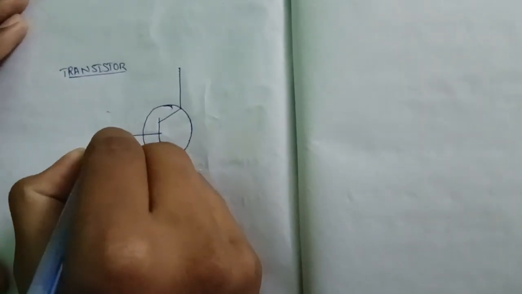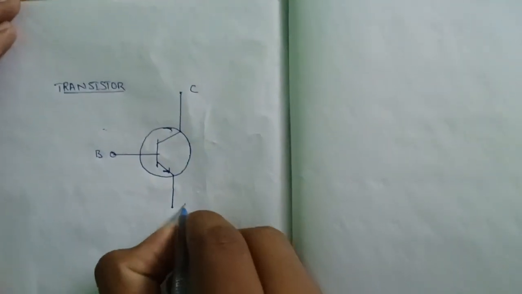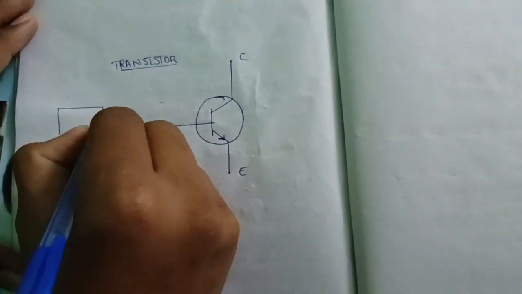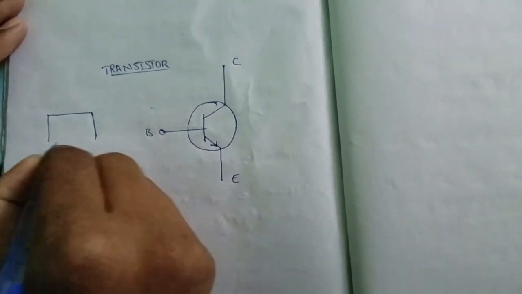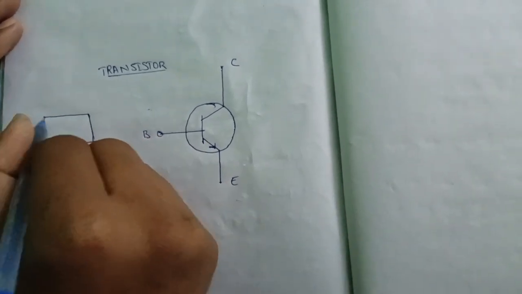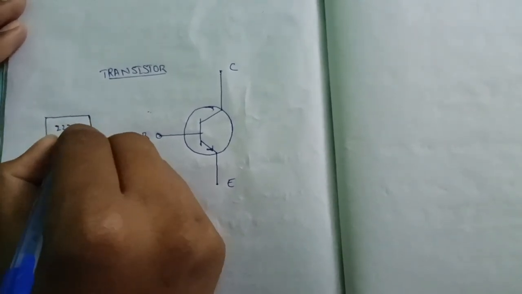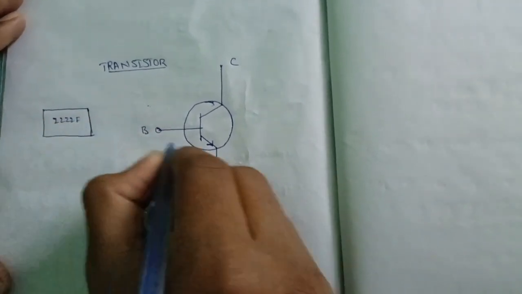This is base, this is collector, and this is emitter. This is the transistor and it is represented like this.